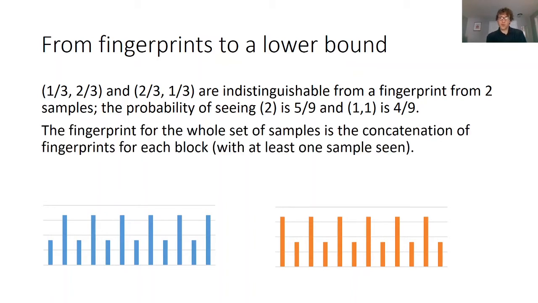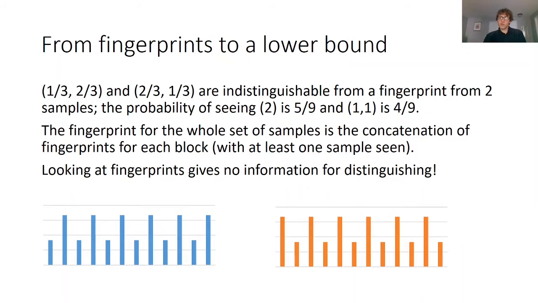Now the fingerprint for the whole set of samples is just the concatenation of the fingerprints for each block. Just take all of these vectors where there's something that is actually seen, and we'll chunk them all together. That's the fingerprint for the whole set. So if each block looks exactly the same, and the fingerprint for the entire set of samples is just a concatenation of these things that look the same, then the fingerprints for the entire set of samples really look the same.